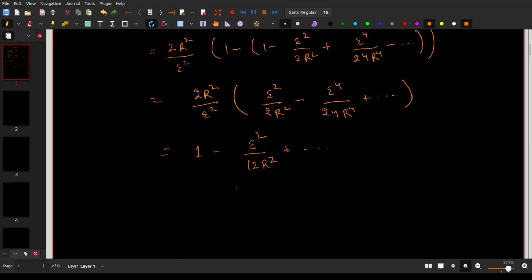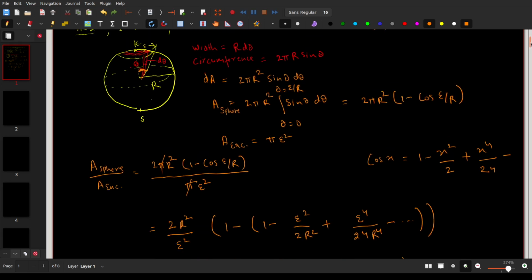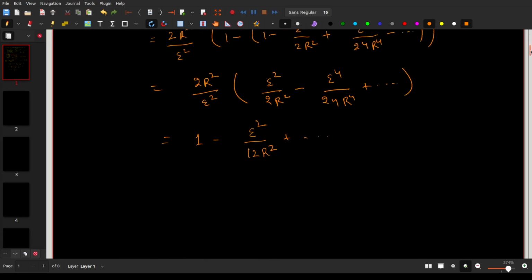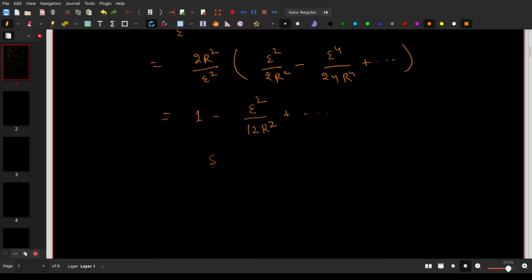So the coefficient of epsilon square, the sign is minus. Here also we had a minus sign. With the negative sign, this should be s by 24 when n is 2. The dimension of the sphere is 2, so it should be s by 24. So s by 24 is equal to 1 by 12 r square.